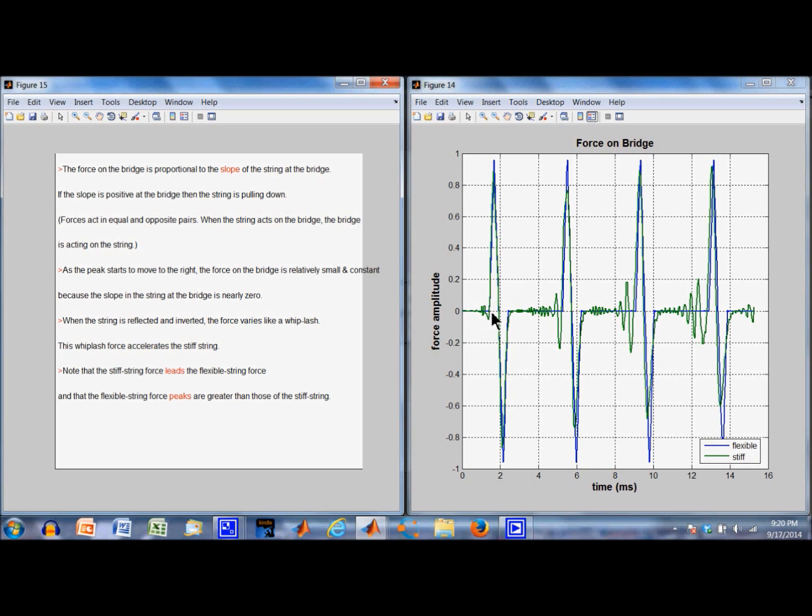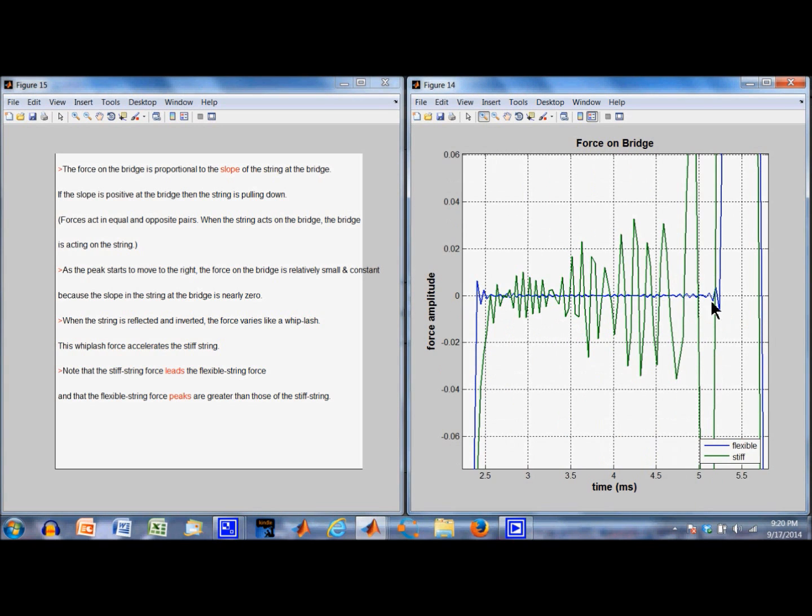But then at the reflection, you get this whiplash effect and you get these peaks in the force. Then as the peak propagates the other direction, the string slope at the bridge is relatively flat, so you get a low force reading. In fact, the flexible string, in blue here, shows a lot less than the stiff string because there's very little underdamped behavior on the flexible string.